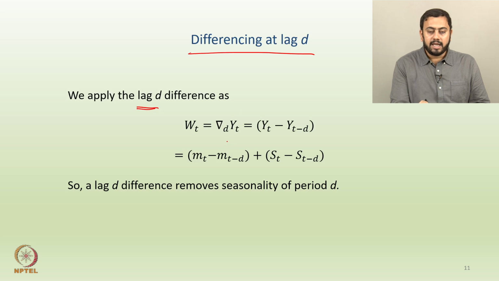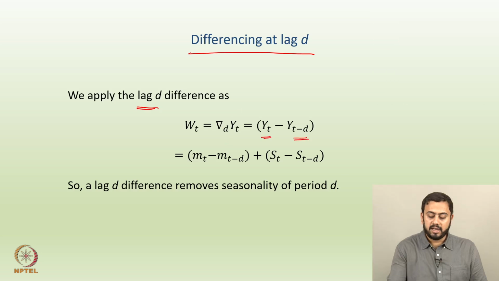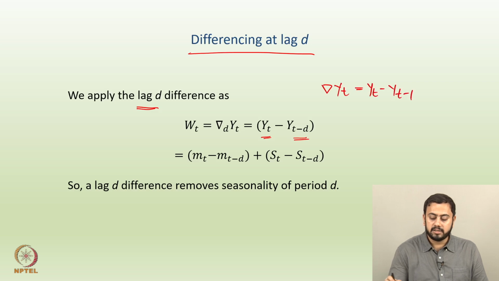The lag d difference is nothing but you take the difference between the current value and the dth lagged value, so yt minus yt-d. Again, a quick revision: nabla yt was nothing but yt minus yt-1, so essentially nabla yt is the lag 1 difference.